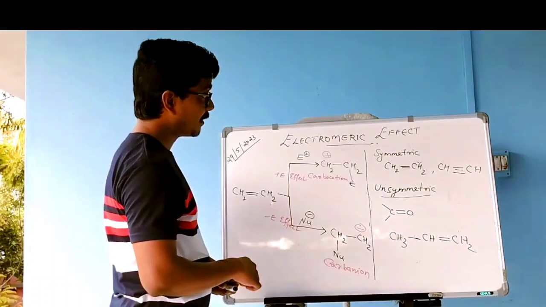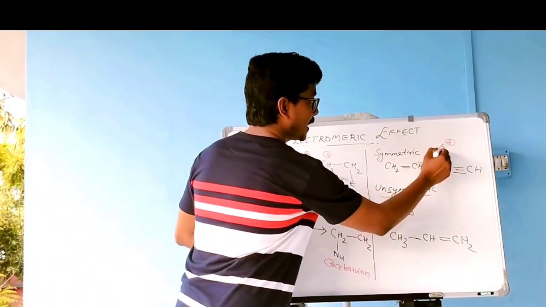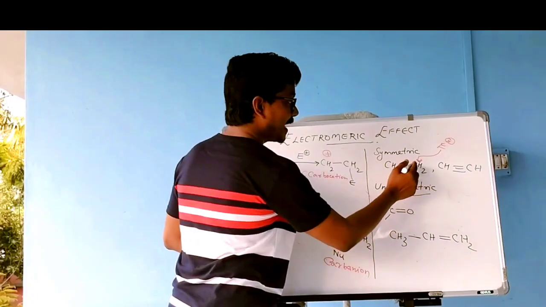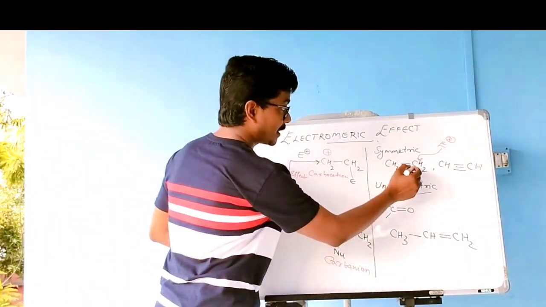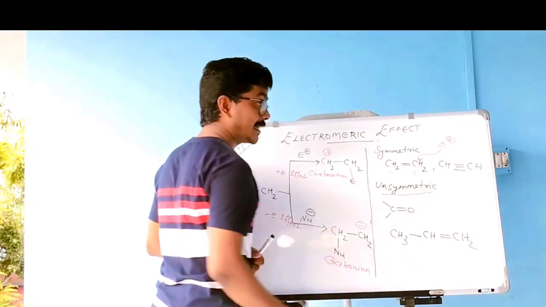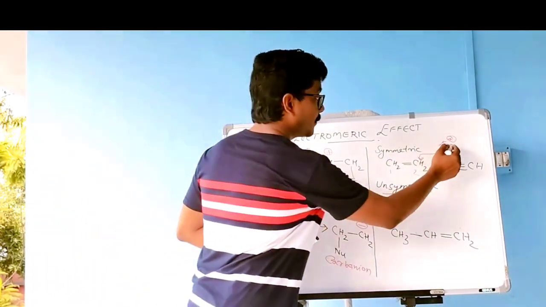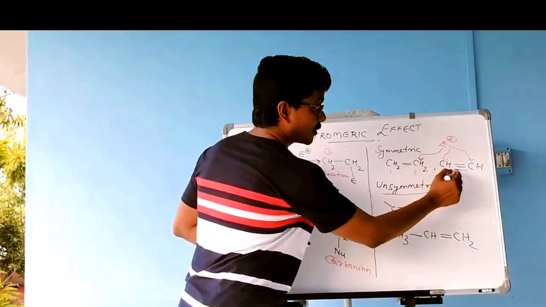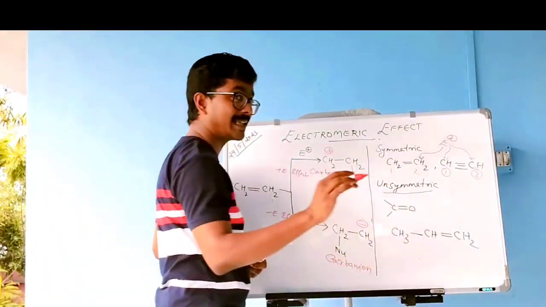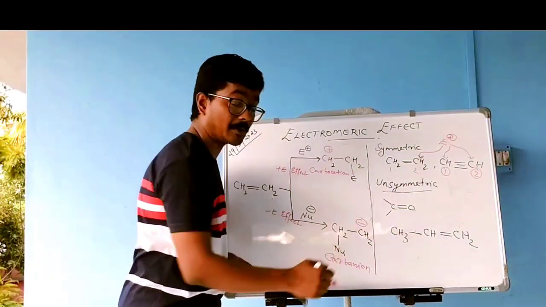In both cases, when an electrophile approaches, the electrophile can attack either carbon. Whether it attacks the first or the second, the final product will be the same, symmetric in nature. Similarly for the triple bond, it can attack the first or second carbon, creating the same product.